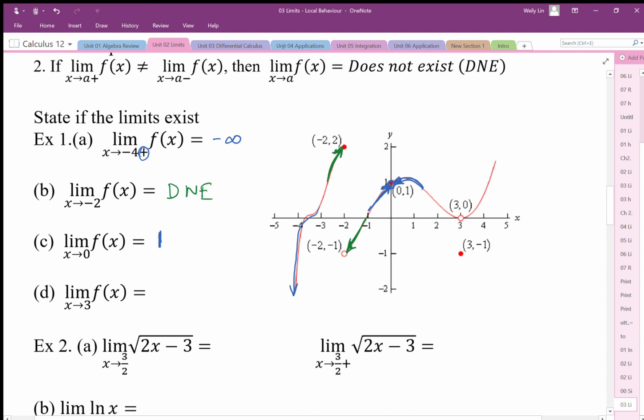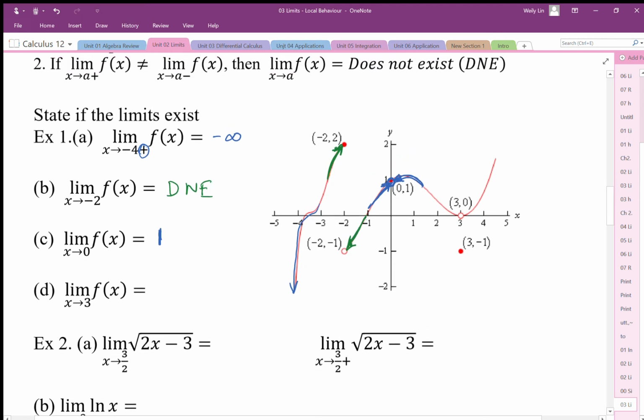But if it equals 1 and the point exists at the limit, then we can say that it's continuous because we don't have to lift our pen to draw through that point. So this case is actually continuous. But again, the limits don't care what's happening at that point. It's just worried about what's happening as we get to that point.